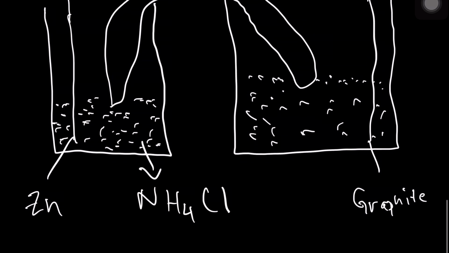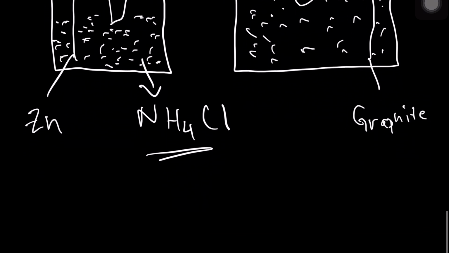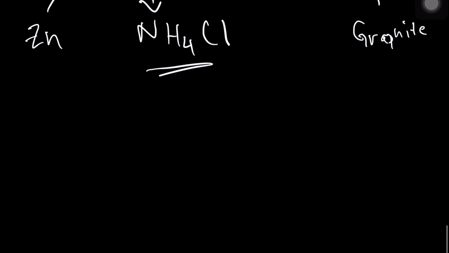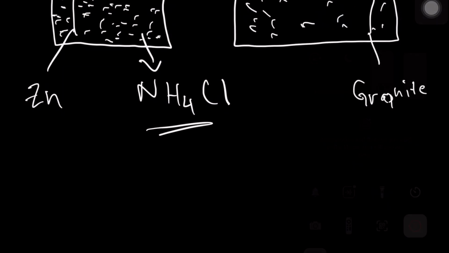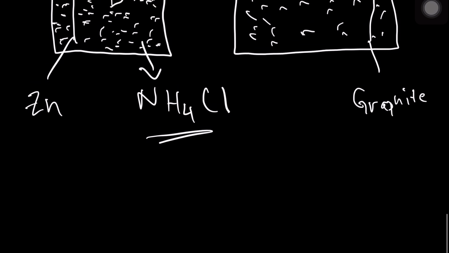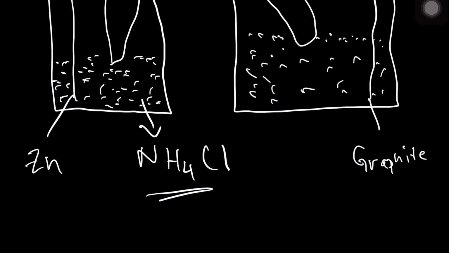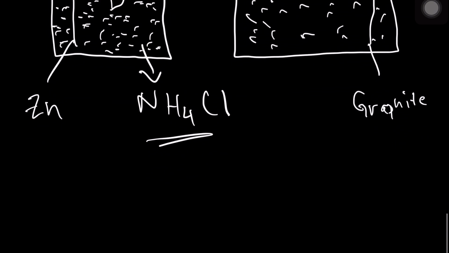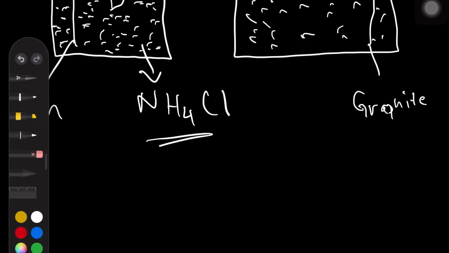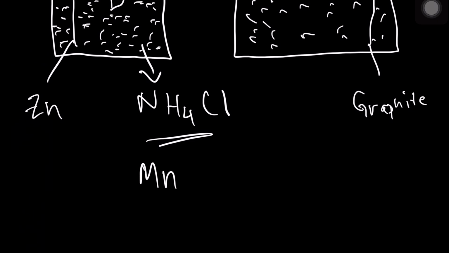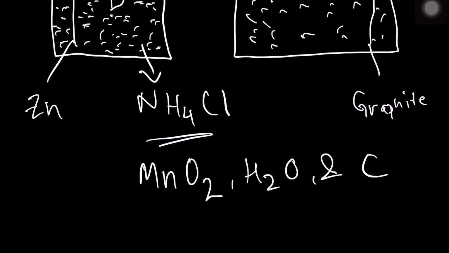In its chemical form, you can see it like this. Now let's take a look at the reactions. One important thing to remember about dry cells is that they aren't completely dry like powder. Their electrolyte is sort of pasty, and this pasty electrolyte has many different components. Some of these components are manganese dioxide, water, and carbon.